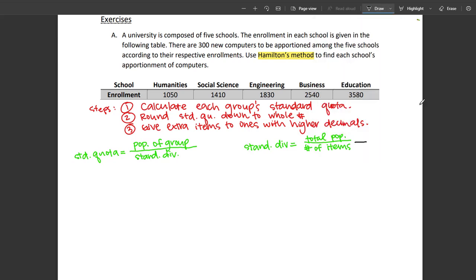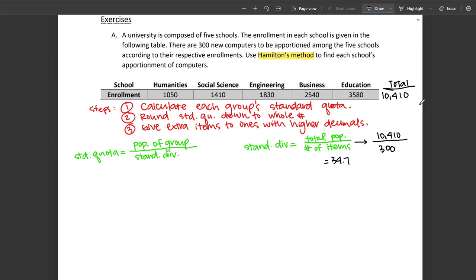In this problem, our standard divisor is going to be the total population divided by the number of items. When we add up this entire row, we get that our population is 10,410. We're going to take that 10,410 and divide it by our number of items to allocate, which is 300. So our standard divisor is going to be 34.7.